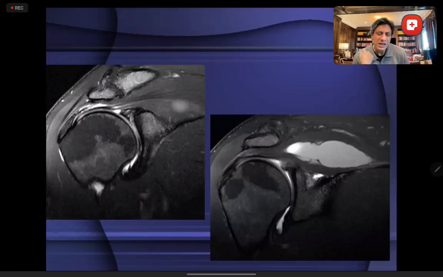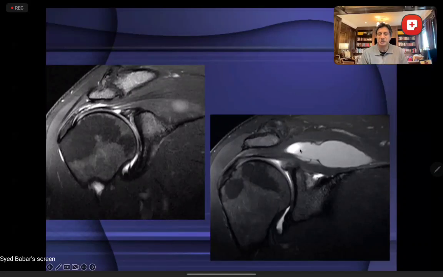The other important thing is sometimes when these people have tears or chronic tears, you form cysts in the muscle. So can you see a big cyst here? So if you see a big cyst sitting in the muscle, usually there's an underlying tear. So here you see a big supraspinatus cyst intramuscular, and that is only because the fluid is coming from the tear, getting accumulated into the muscle.